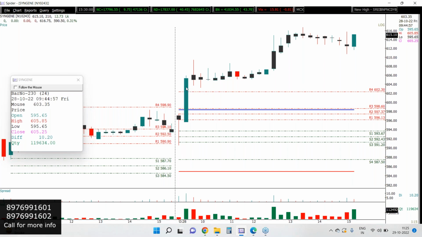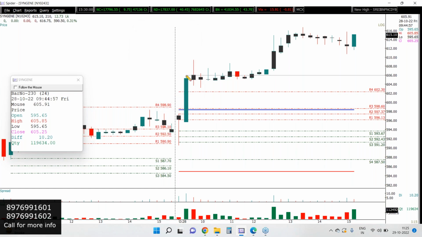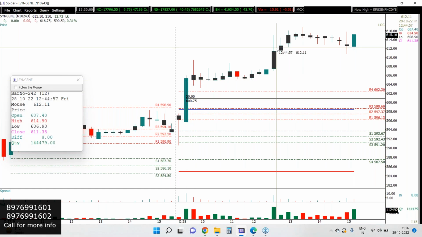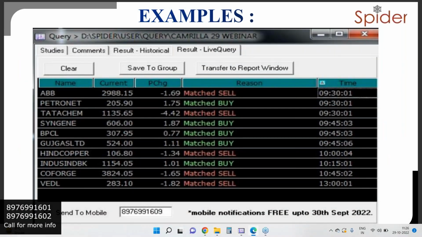So you can take the retracement again the same way, and take this candle's high and low. This is your stop loss, 600.75, and you can take your entry point at 605, and you can expect 608, 609 as per the risk reward ratio. So this stock moved in the expected direction. Then again, BPCL is there.